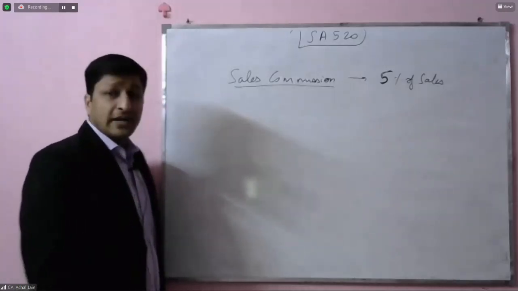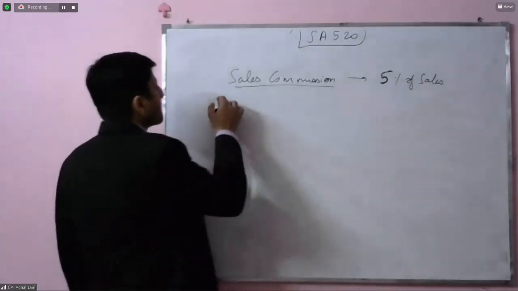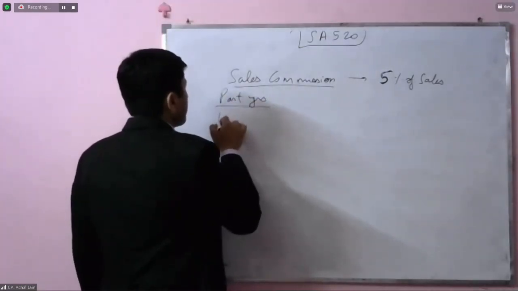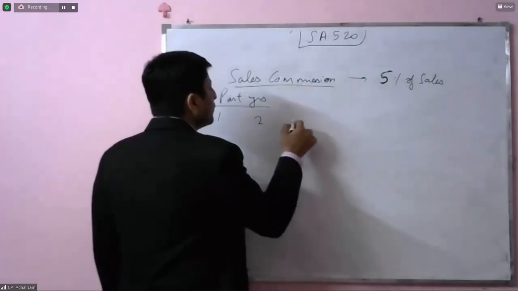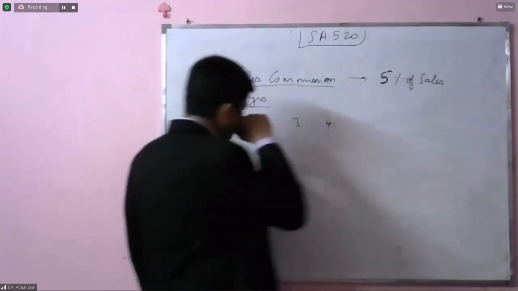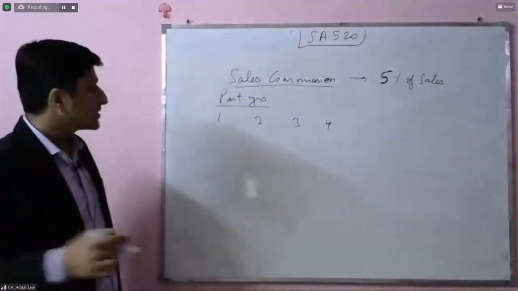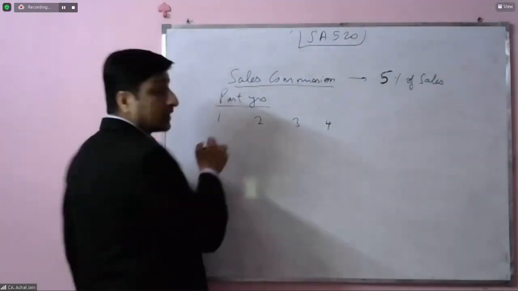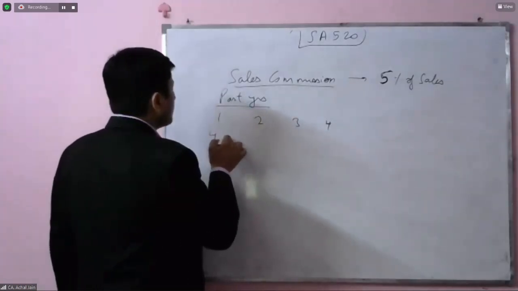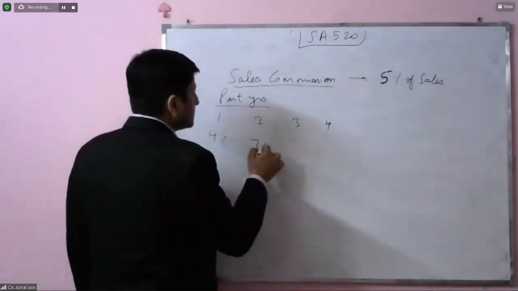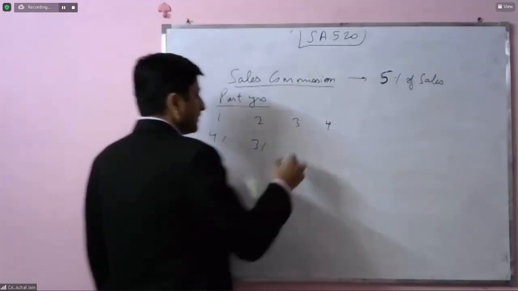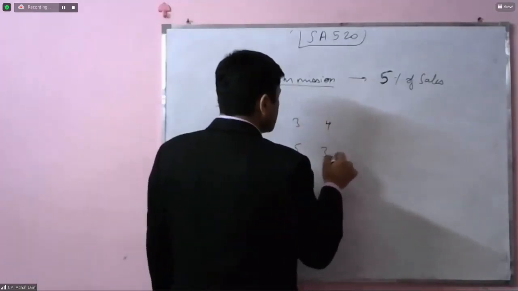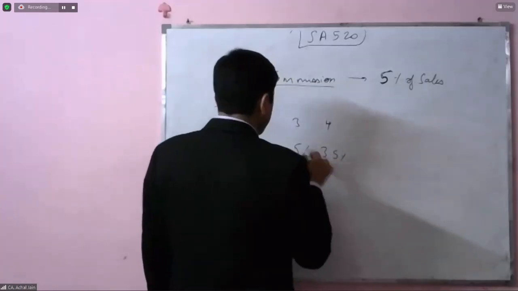Now, if you look at the past years, say year number 1, 2, 3, 4. These are all last years. Sales commission came out to 4% in this year, 3% in this year, 5% in this year, and say 3.5% in this year.